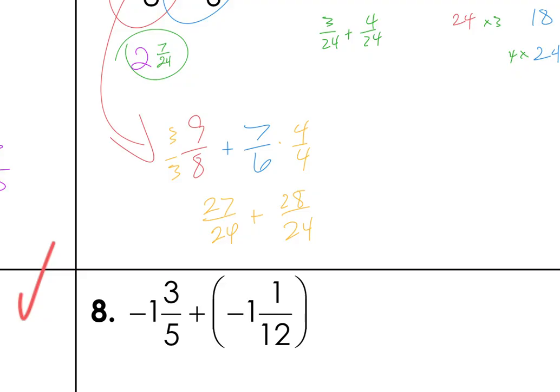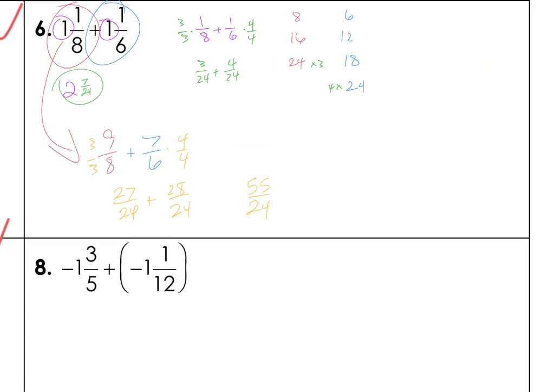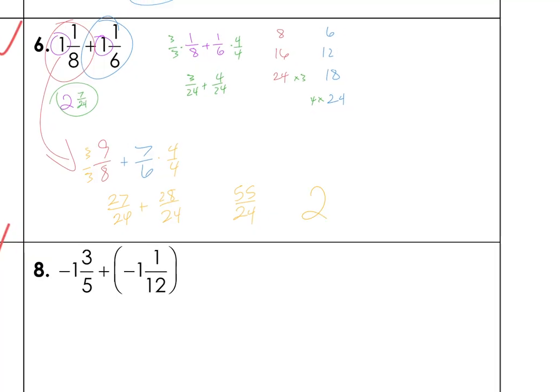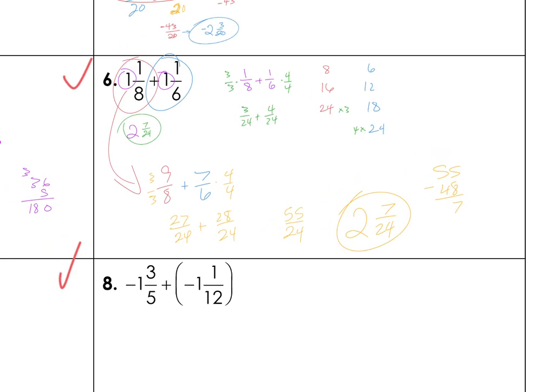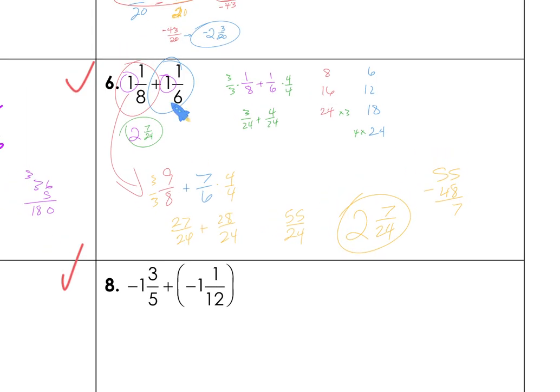Well, guess what? That is 55/24. And 24 can go into that 2 times. 55 minus 48, which is what that is, 7/24. Yes, this one was probably faster and easier.